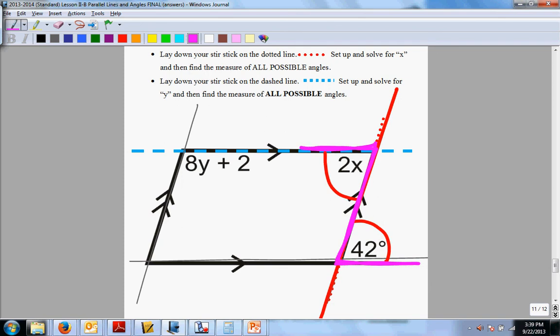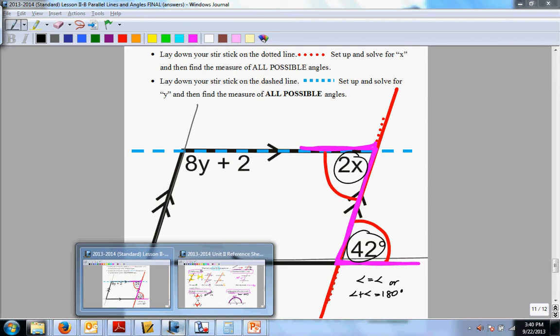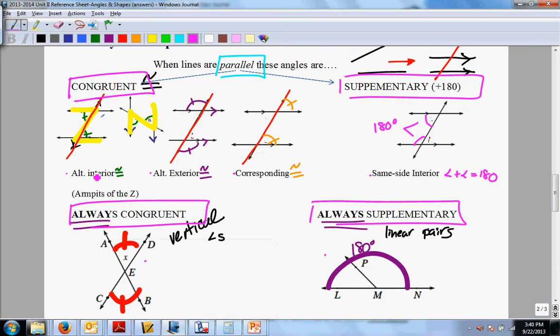So now you ask yourself, again, your choices are, to solve for x, either you're going to use angle equals angle or angle plus angle equals 180, depending on whether those angles are alternate interior, alternate exterior, or corresponding.